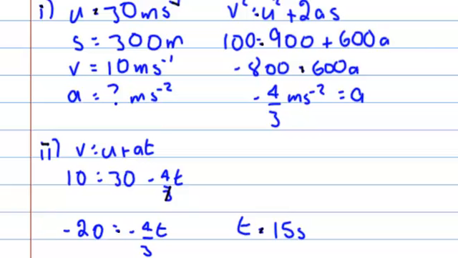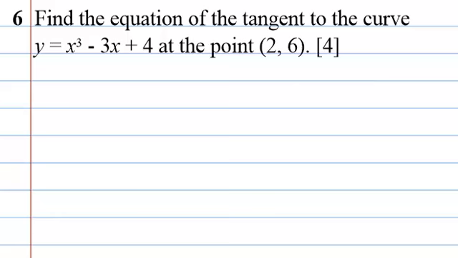For question 6, finding the equation of the tangent to the curve. To get the tangent to begin with, we'll want the gradient of it, so we'll differentiate the y function. So dy by dx is 3x squared minus 3.